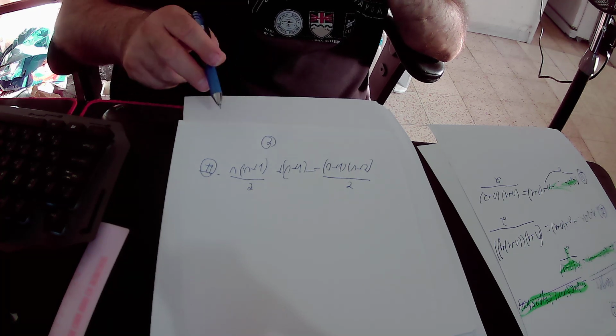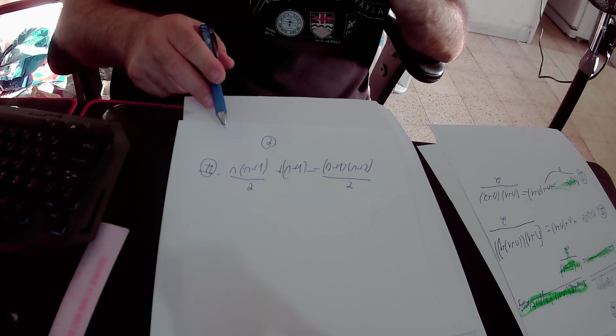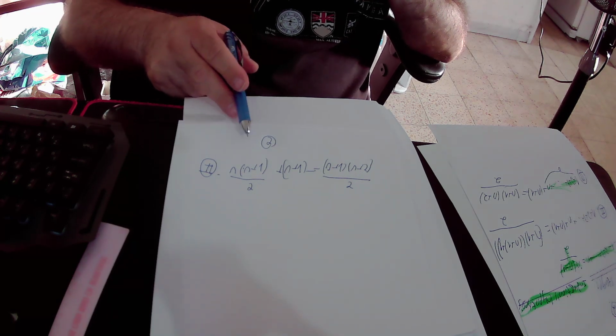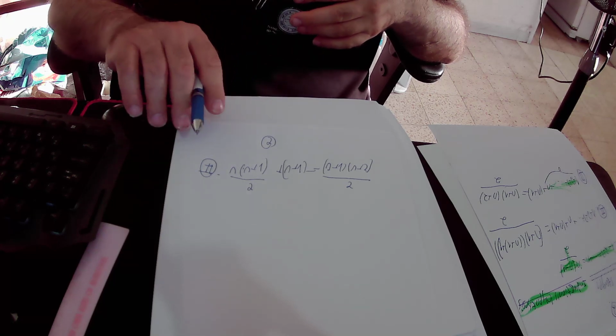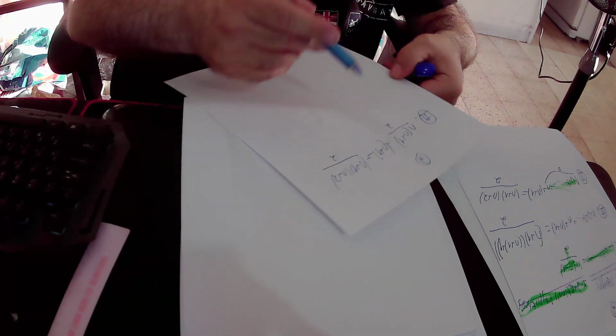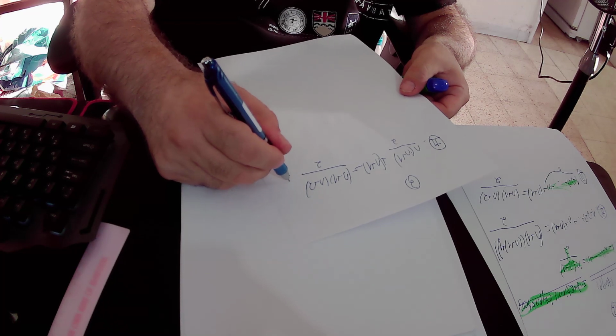In order to prove that this expression is true, we will divide both sides of the equation by n plus 1, because we have n plus 1 on both sides. So we'll divide the equation by n plus 1.